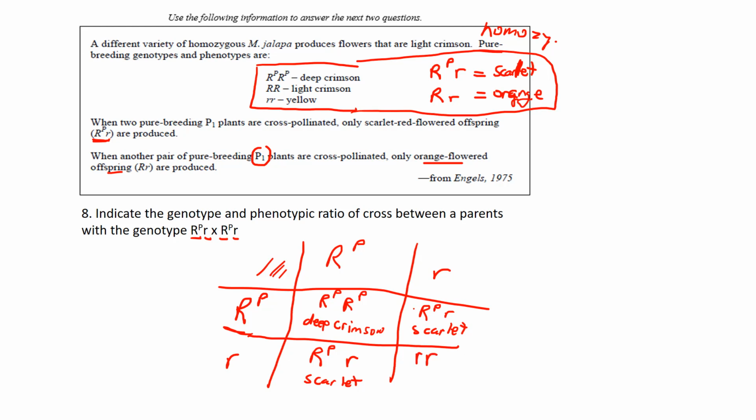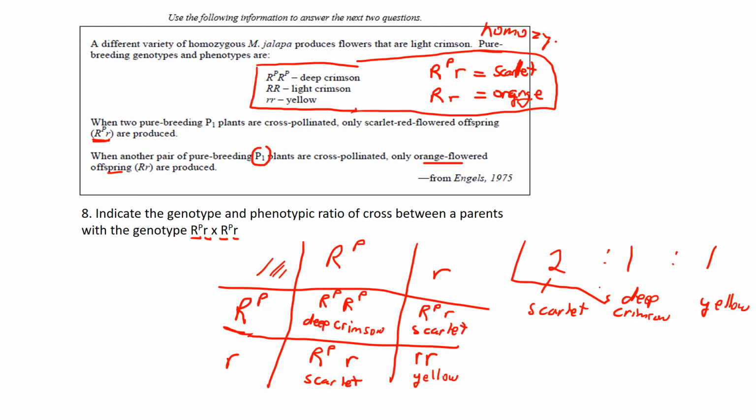And little r, if we go back up to our legend, we can see that's going to be yellow. So out of the 4 boxes, 2 of them are going to be scarlet, 1 of them is going to be deep crimson, and 1 of them is going to be yellow. Okay, there's our phenotypic ratio of those offspring.